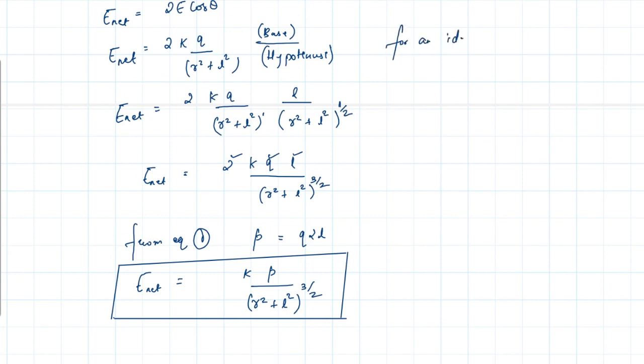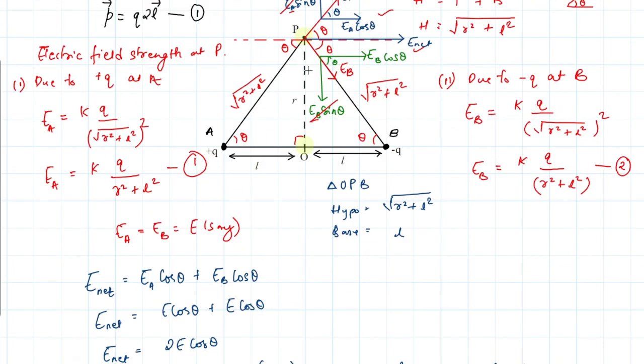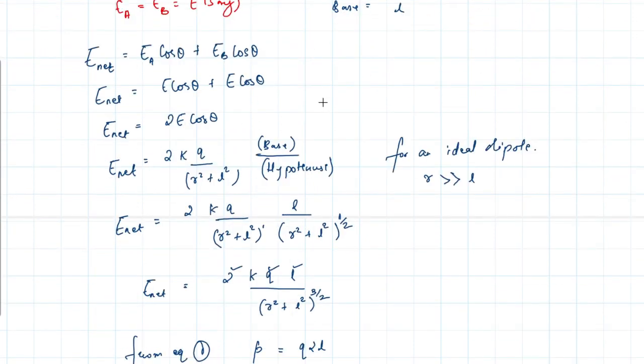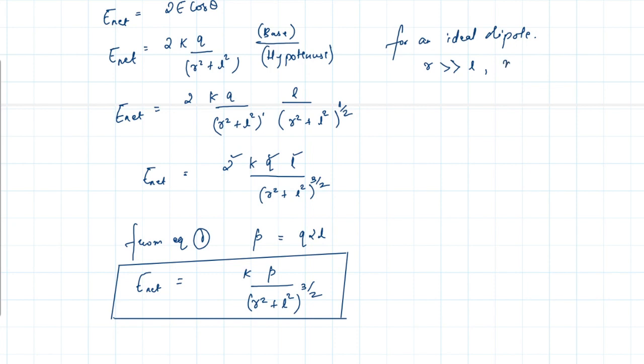For an ideal dipole, we consider the distance R, the point's distance from the axis of the dipole, to be very much bigger than L. So that means this OP is very much greater than this AO or BO, so because of that we can neglect L. If we neglect L in this equation, E net equals KP by R square plus L, where L can be neglected, so it will simply be R square to the power 3 by 2.